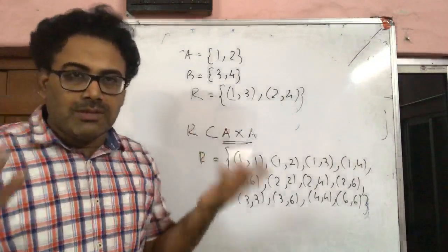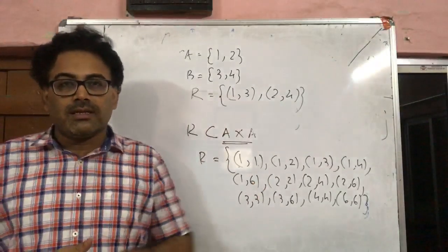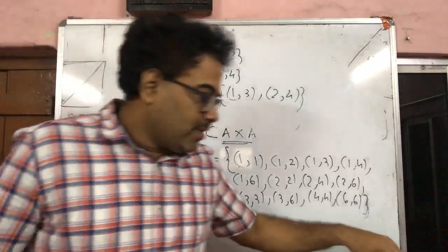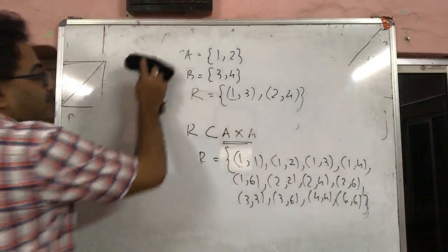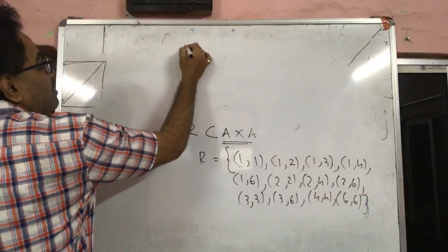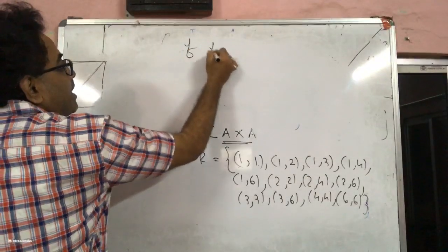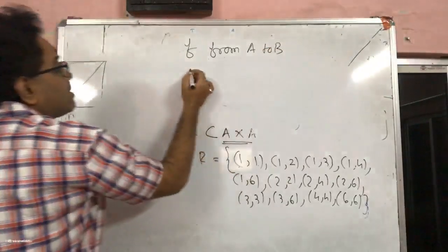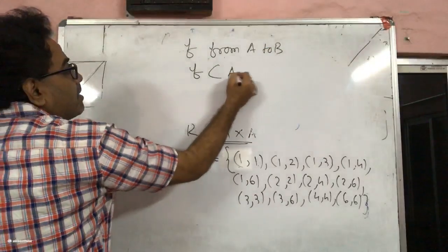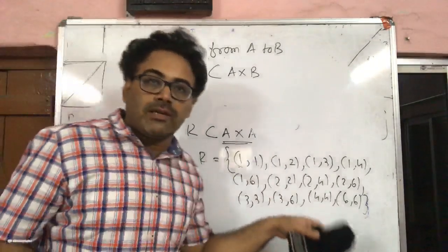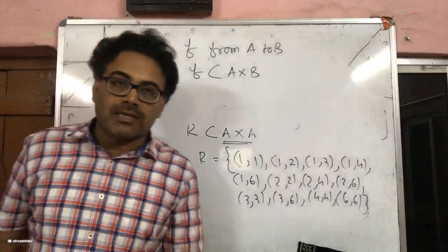So not an entirely new thing, an old thing, in a new concept: function. So the definition of function. A function from A to B means it is a subset of A cross B. So function is also a subset of A cross B, so it is called a relation.